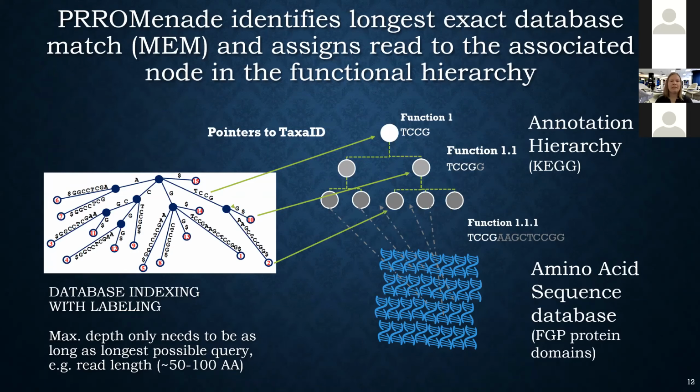So as a result, similarly to Kraken, you will get the node as an answer. So you will not get the individual sequence ID, but in this fast approach, you'll get the functional node ID as the output for each read. And this database index only needs to be accommodating for strings as long as your sequenced reads. So could be in the hundreds of nucleotides or 100 amino acids or so on.